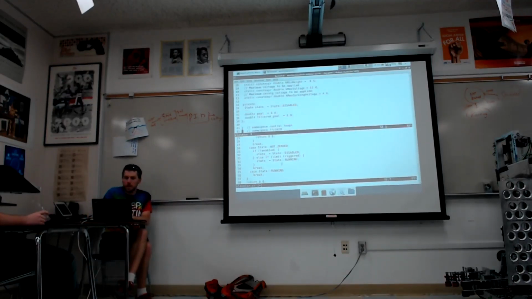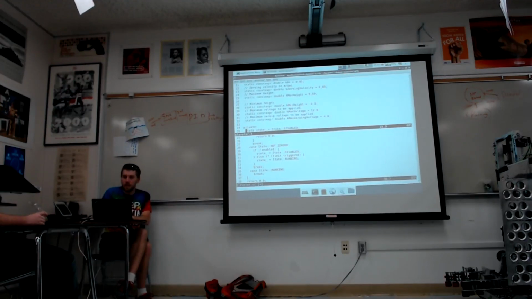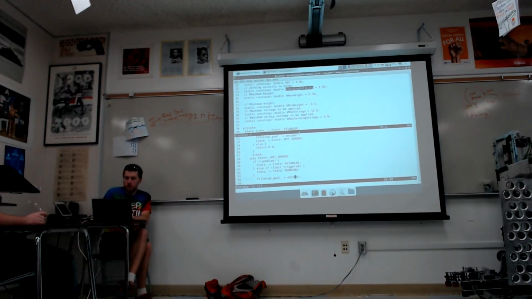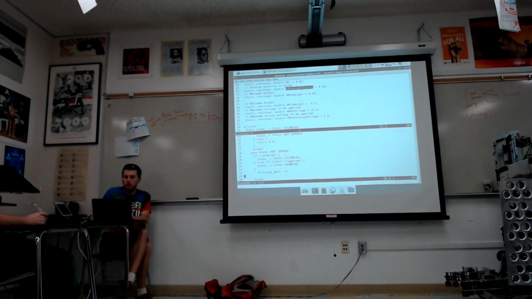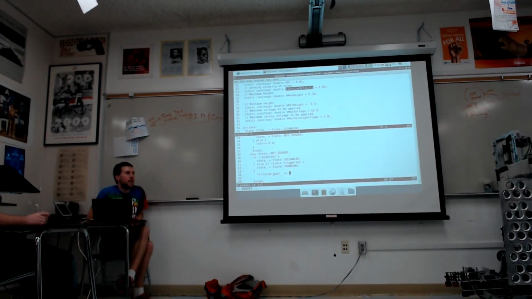So conveniently, we have a lovely constant here, zeroing velocity. So what do we got to add? What do we need to add every cycle to go up with velocity? Zeroing velocity.